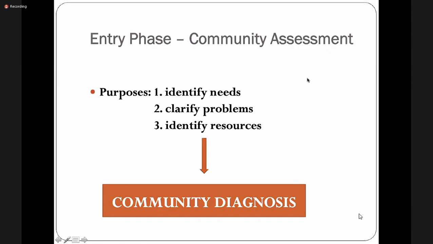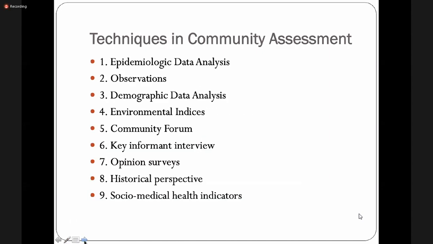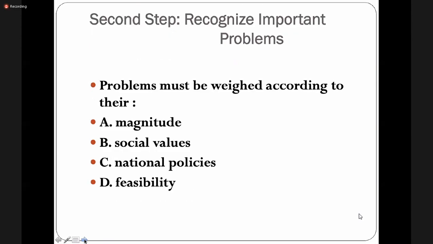assessment, you identify needs, katulad sinabi natin kanina, you clarify problems and identify resources resulting to your community diagnosis. Okay? So there are some techniques na mention na natin ito: yung epidemiologic data, yung FHSIS, environmental indices, community forum, key informant interview, pwede kayo mag-text lang, opinion surveys, historical perspective, pwede kayong gumamit, or socio-medical health indicators.